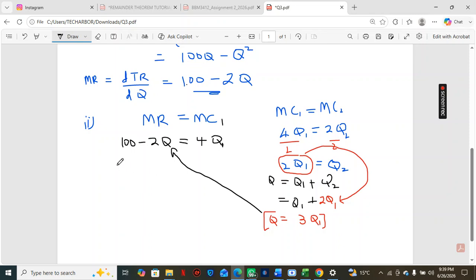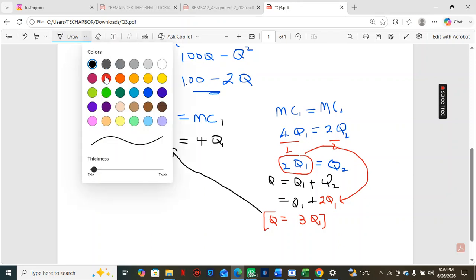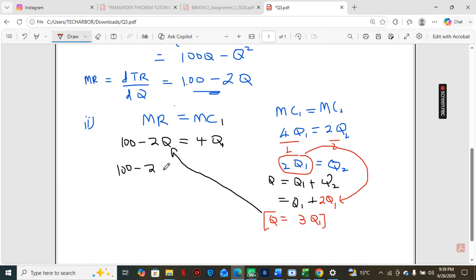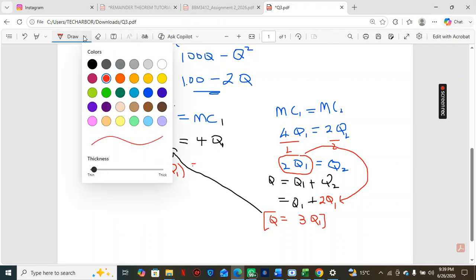It's going to become 100 minus 2 times, then this Q, we substitute it with 3Q1 here, equals 4Q1.